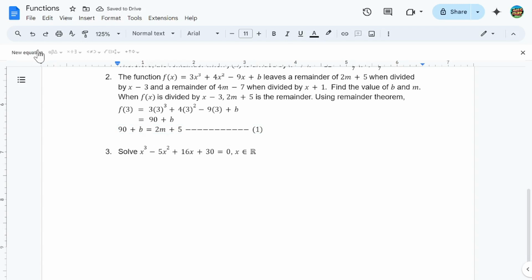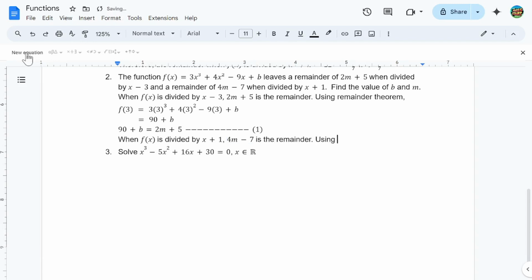So we need to have another simultaneous equation to find b and m. So when f of x is divided by x plus 1, 4m minus 7 is the remainder.